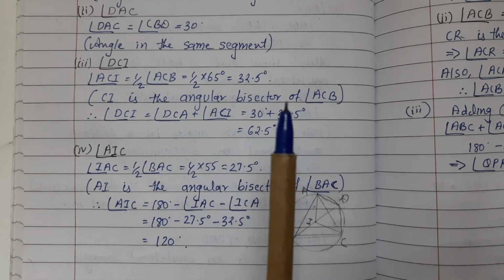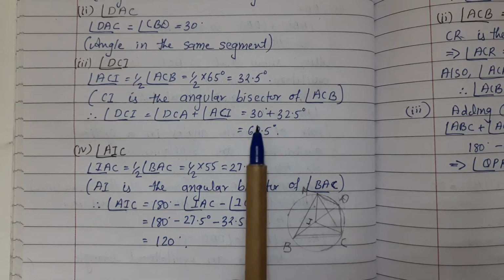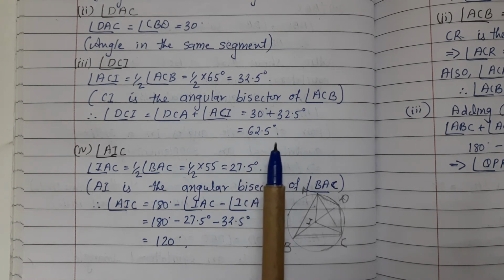CI is the angular bisector of angle ACB. Therefore, angle DCI is equal to angle DCA plus angle ACI, equal to 30 plus 32.5, equal to 62.5 degrees.